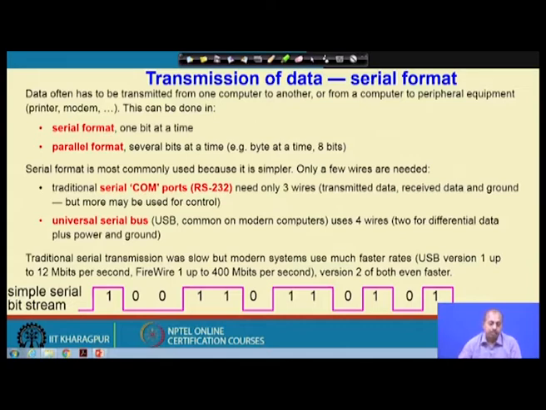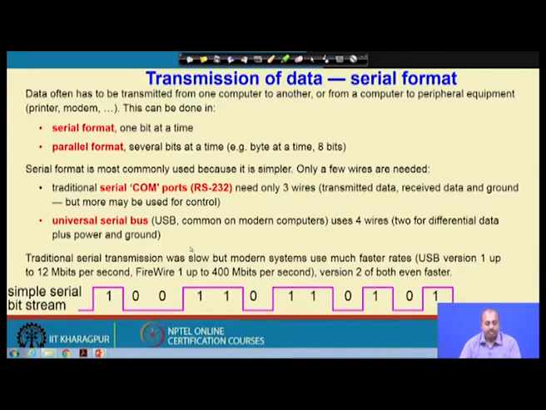So USB has become a better standard, but anyway we are looking into serial transmission. Traditional serial transmission was slow, but modern systems are faster, like USB version 1 is up to 12 megabits per second, FireWire 1 is up to 400 megabits per second, version 2 is even faster. Now we have even USB version 3.0, which is still faster.